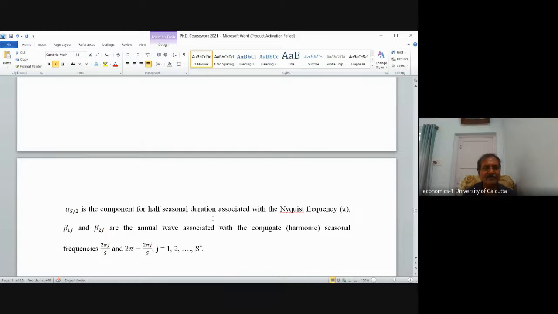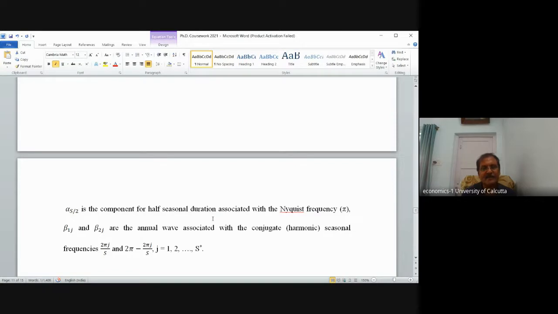Beta 1j and beta 2j are the annual wave associated with the conjugate seasonal frequencies twice pi j by s and twice pi minus twice pi j by s.